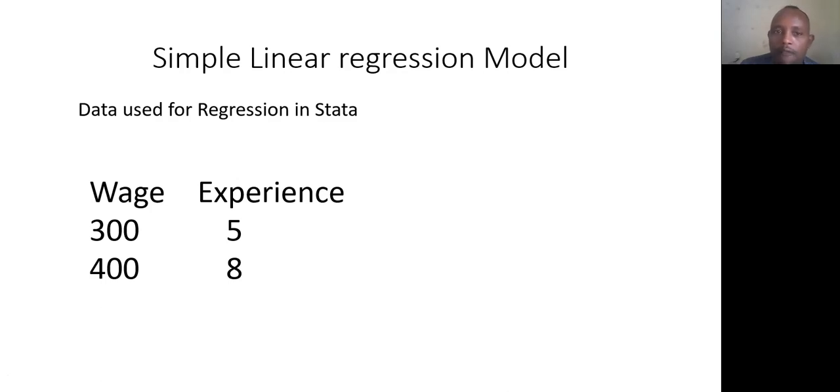At that time, we call the regression function a simple linear regression model. Simple means there are only two variables, one independent and one dependent variable.